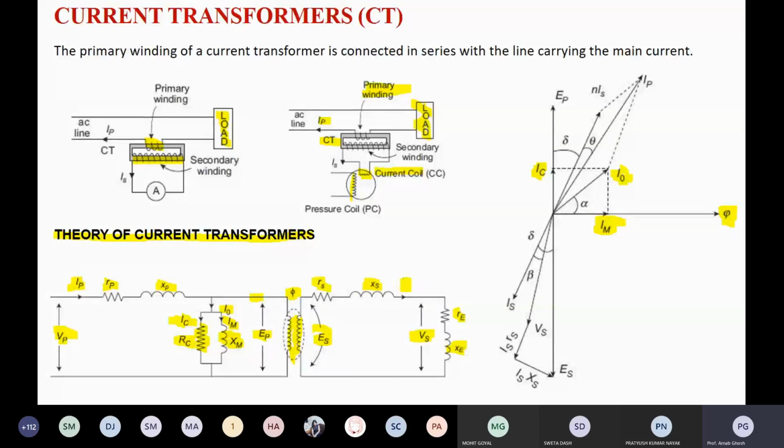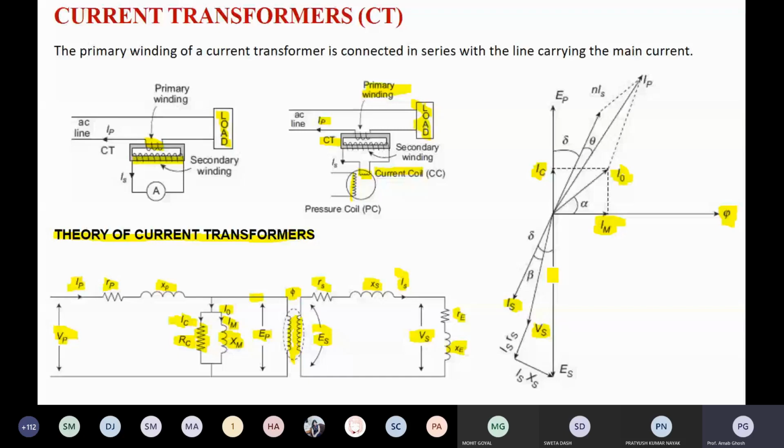In this case we are considering that the load connected is a lagging power factor. In case of lagging power factor, your secondary voltage Vs will be leading your secondary current Is by an angle of beta. That beta is your power factor angle on the secondary side.